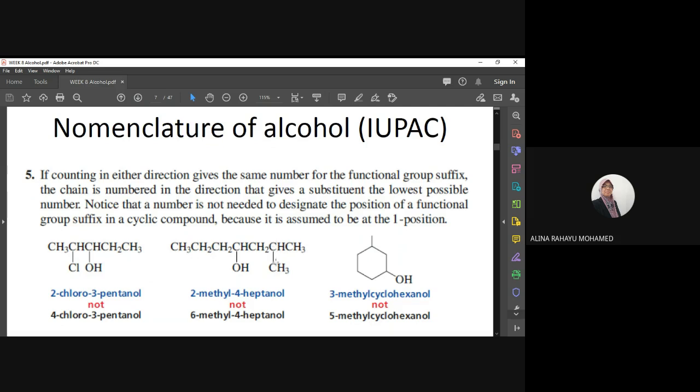So 2-methyl-4-heptanol. Now this is a cyclic compound: cyclohexanol, and the methyl group exists at carbon number 1, 2, 3. So 3-methylcyclohexanol.